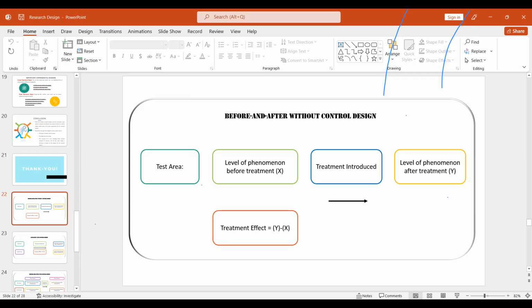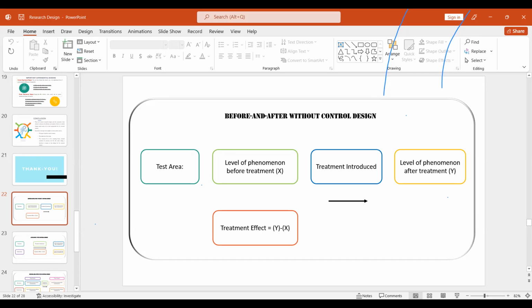So of course, this particular field or area is not good, no matter whatever treatment you use. And suppose you want to test, you can test it through level of phenomenon after treatment or treatment effect, that is Y minus X. So this is a before and after without control design.